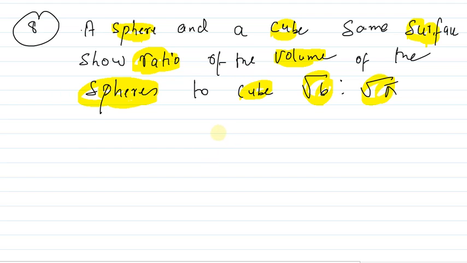So here we have to do, let the edge be what? Edge means side. So let the edge be a, since the surface is the same. Then what is the formula for surface area of a cube?